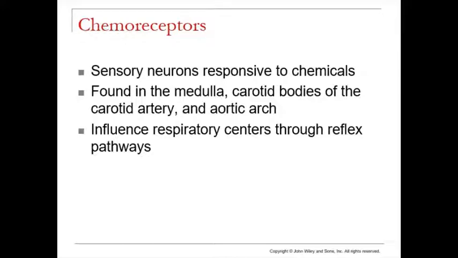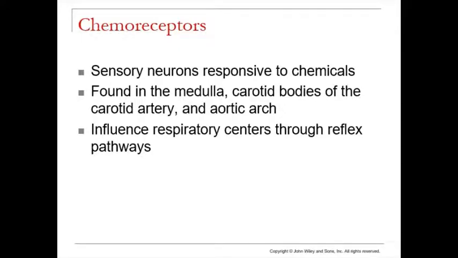So in your neck, in the aorta above your heart, and in your medulla, you have cells whose only job is to sense these chemical changes in things like carbon dioxide levels and oxygen levels. And when they notice, they will use those feedback pathways to tell brain centers to either get you to breathe or stop breathing, minimize breathing.